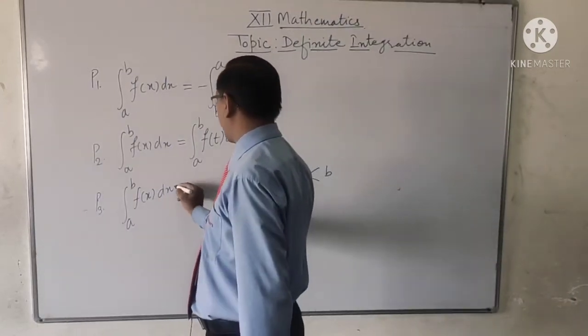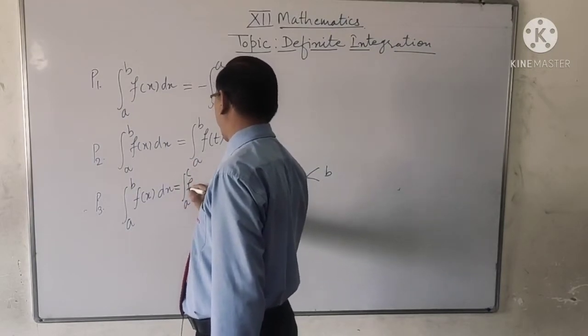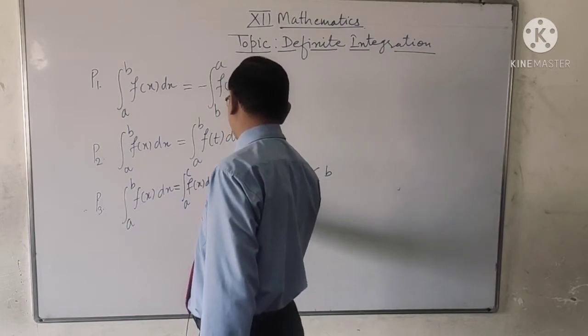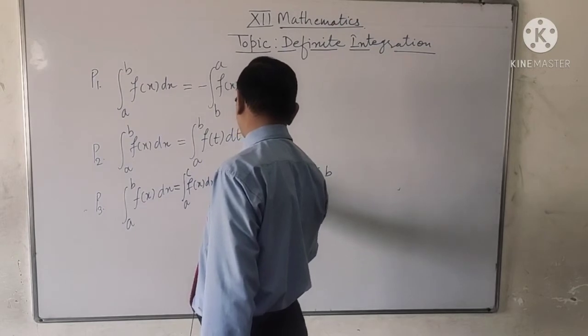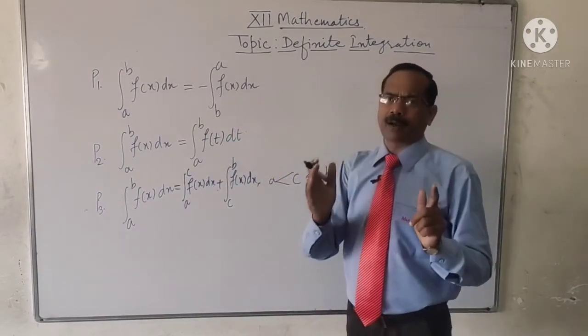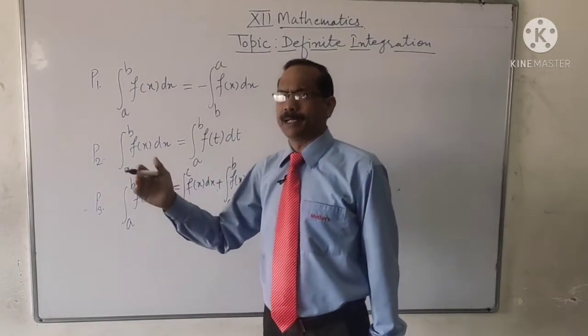Then we can break this integration into two parts: the integral from a to c of f(x) dx plus the integral from c to b of f(x) dx. This way we can break one definite integration into other small integrations.